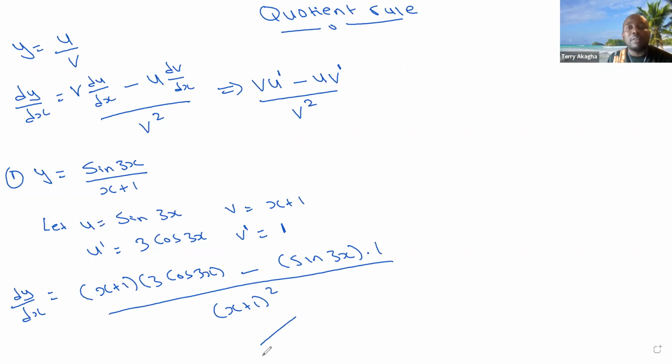And that's the answer for that. So when you have a quotient like this, that's what you do. You just use the formula v u prime minus u v prime divided by v squared.